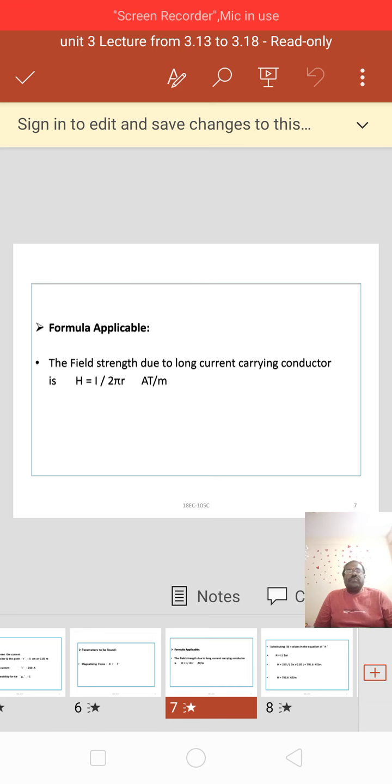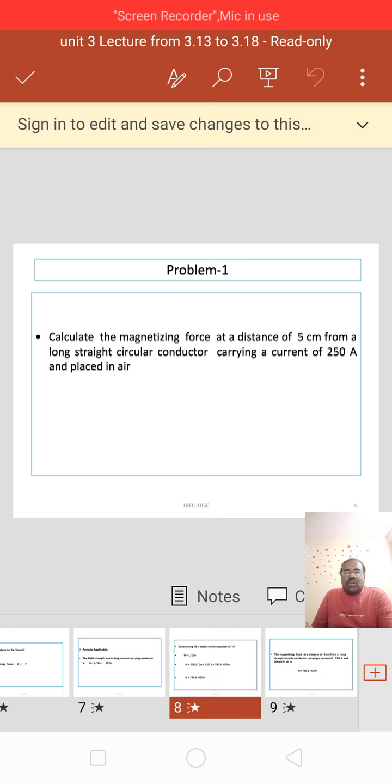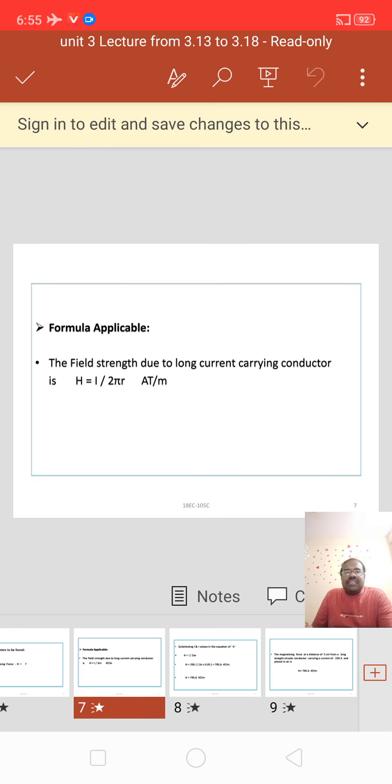Here we must know the data given in the problem. Here, it is given a long straight circular conductor. The formula is H equal to I by 2 pi r ampere turns per meter.